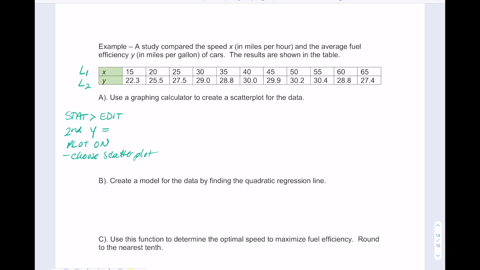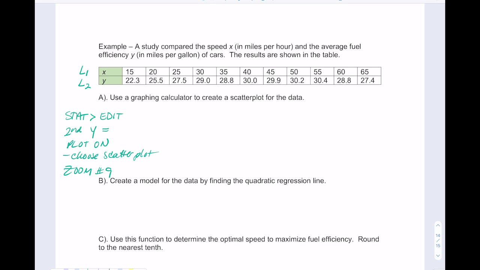You'll see about 6 graphs. It's the one on the top left. To graph it, you're going to hit the zoom button. If I remember correctly, the zoom button's in the middle, the gray button at the top. Hit zoom 9, zoom stat.